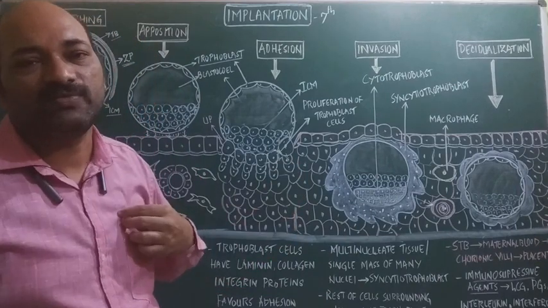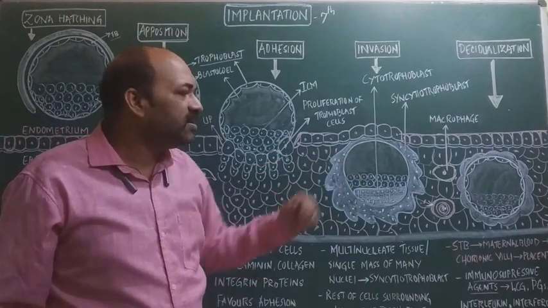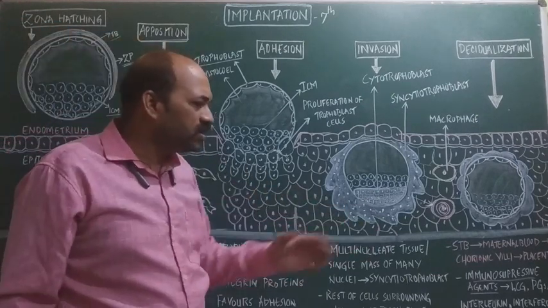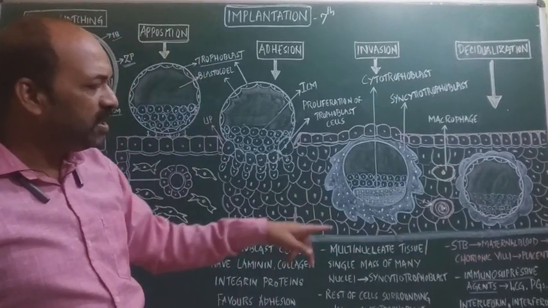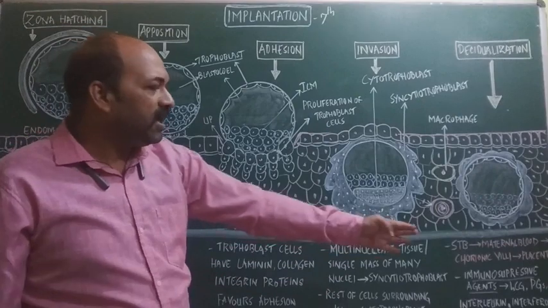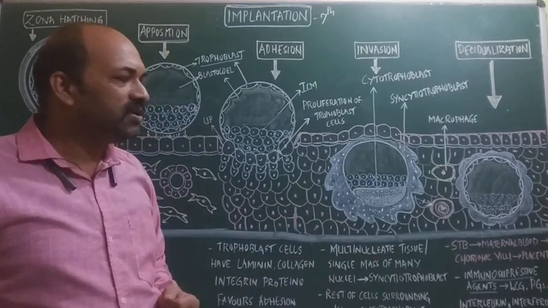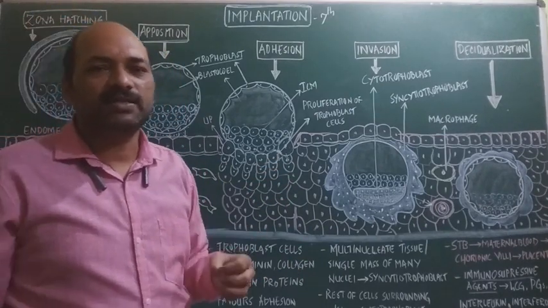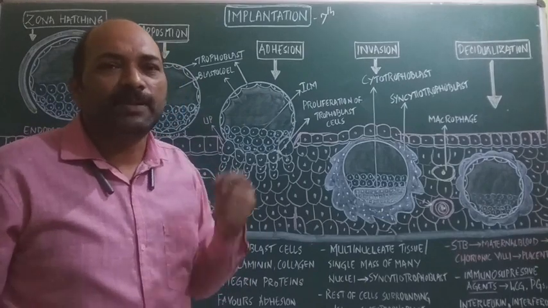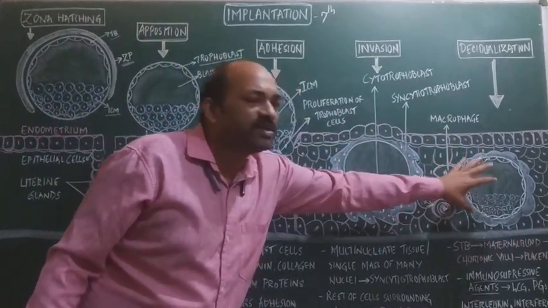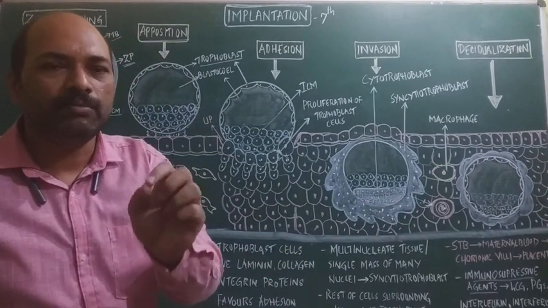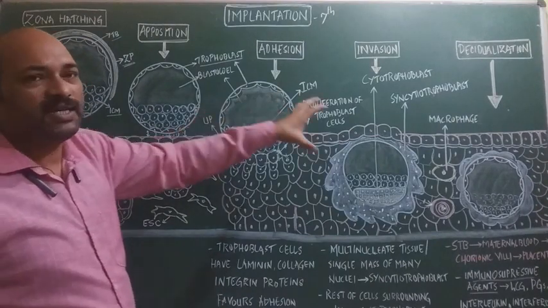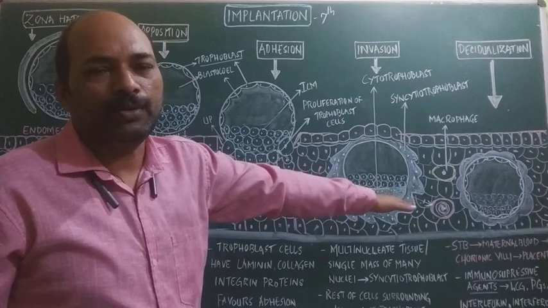So the blastocyst starts secreting certain hormones, some immunosuppressive agents such as human chorionic gonadotropin, thereafter prostaglandin, interleukins and interferons. These four different types of immunosuppressive agents suppress the immune system of the mother and prevent rejection of the blastocyst which has been embedded into the endometrium. So this is the process by which the blastocyst gets completely embedded into the endometrium.